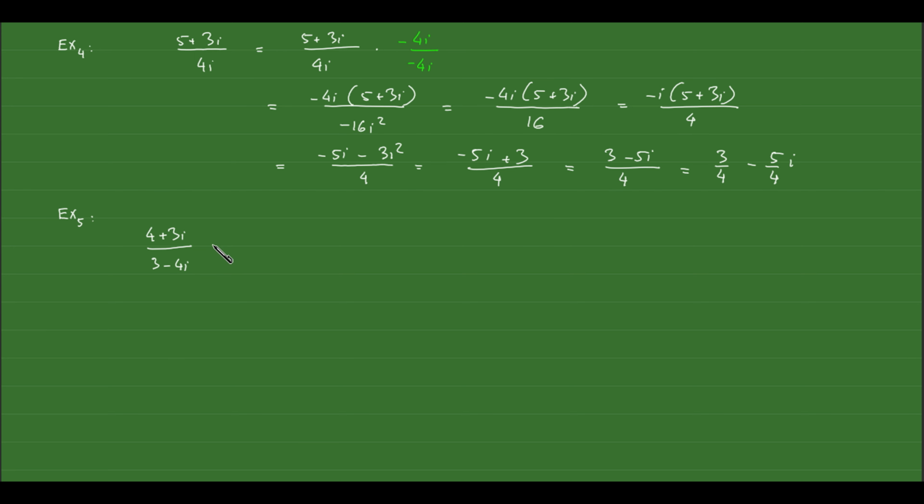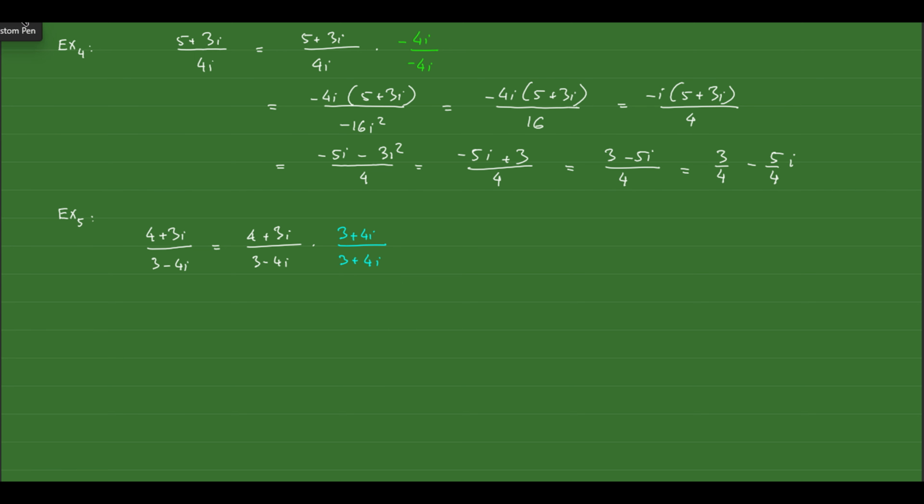It's not a big deal. So again, we're going to multiply the top and the bottom by the conjugate. So the conjugate has to be 3 plus 4i. So 3 plus 4i on top and 3 plus 4i on the bottom.